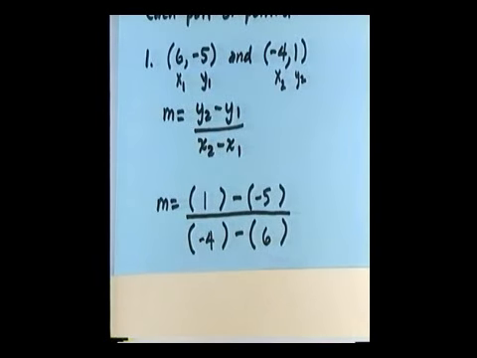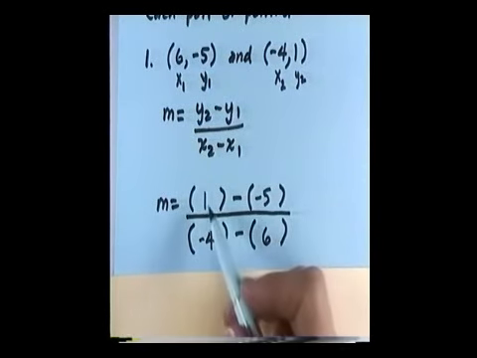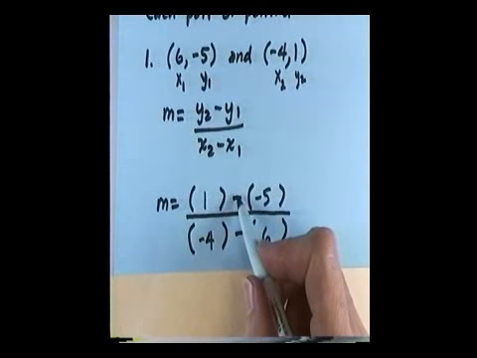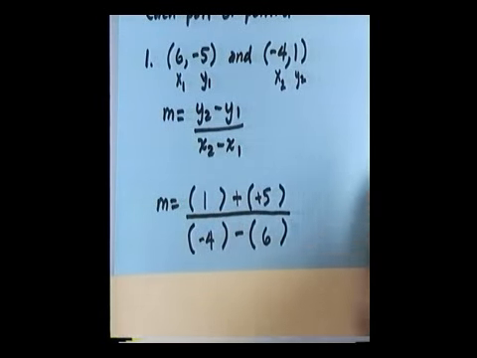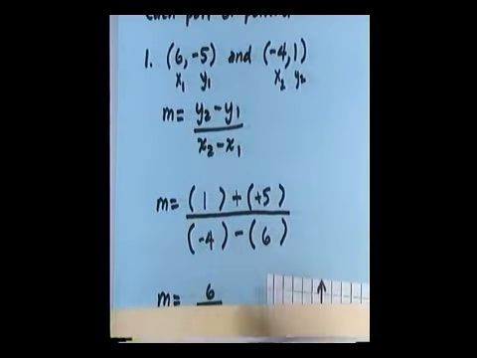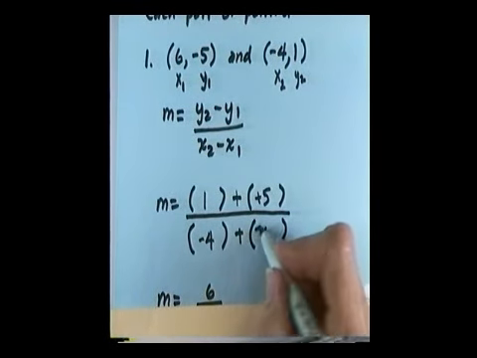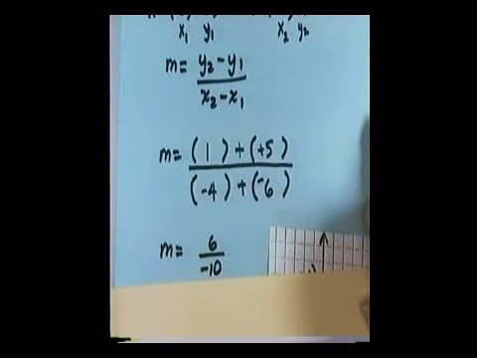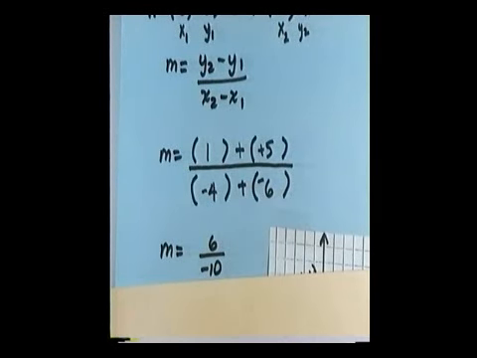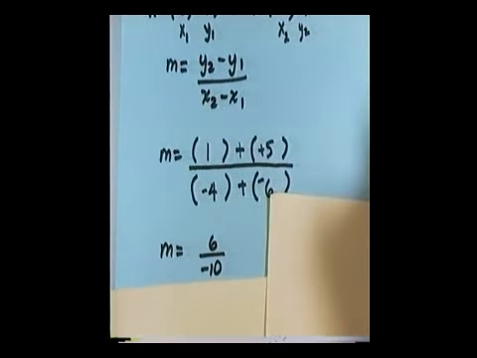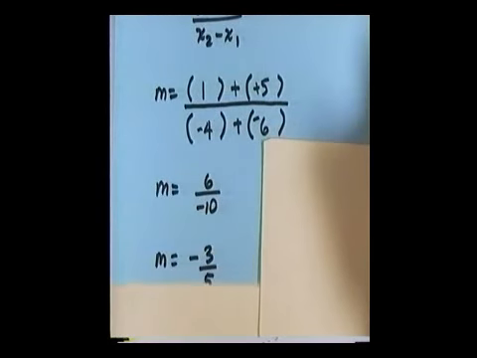So we have 1 subtract -5 over -4 subtract 6. Well, 1 subtract -5 is 1 add +5, which makes 6. And -4 subtract 6 is -4 add -6, which is -10. That gives us 6 over -10, which means that our slope is -3/5.